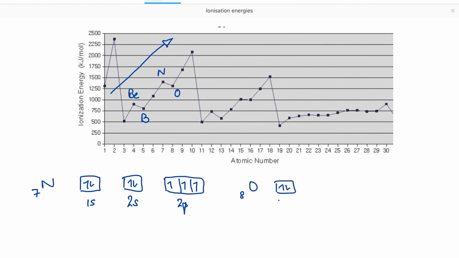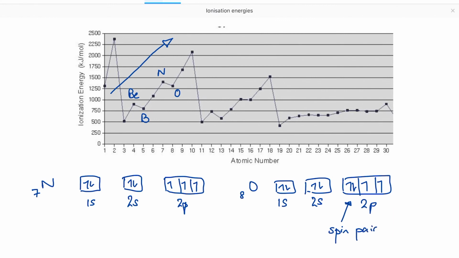So we're going to have the 1s, the 2s, I apologise, let me just, and then the 2p. 1, 2, 3, 4. So with oxygen, that 4th electron is forced to spin pair. So we have got a little bit of repulsion, which means that it's going to be slightly easier to remove it than perhaps at first anticipated, hence the slightly lower first ionization energy as compared with nitrogen.